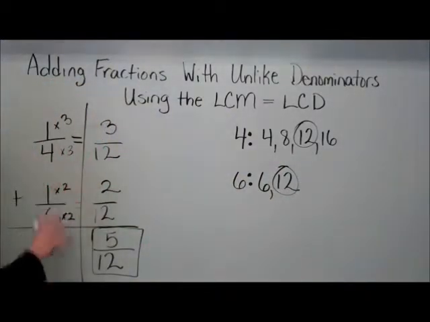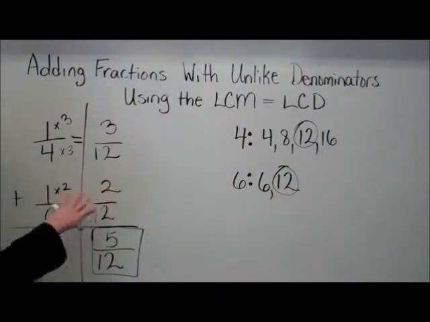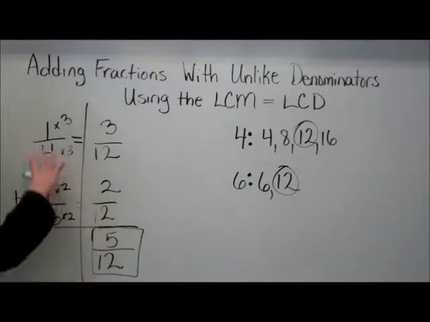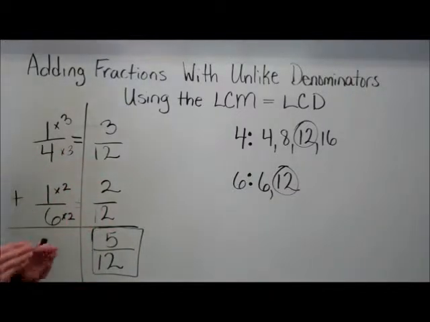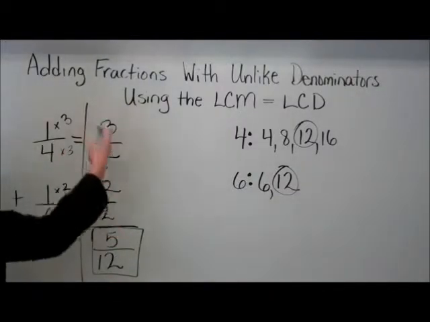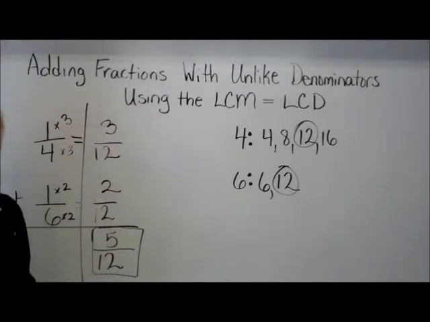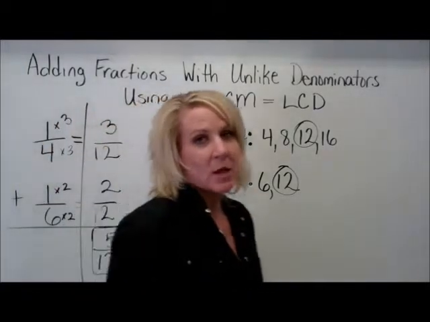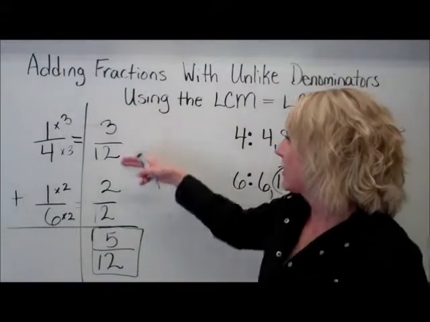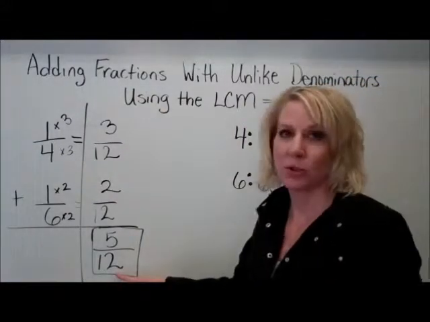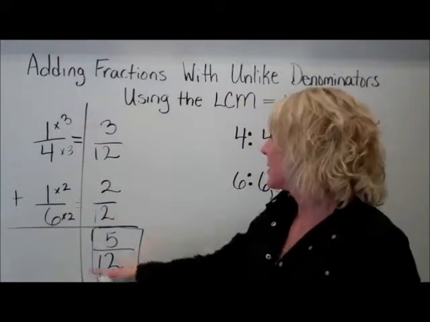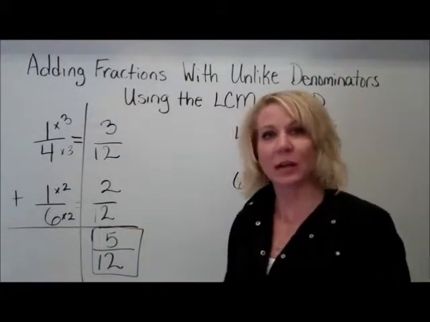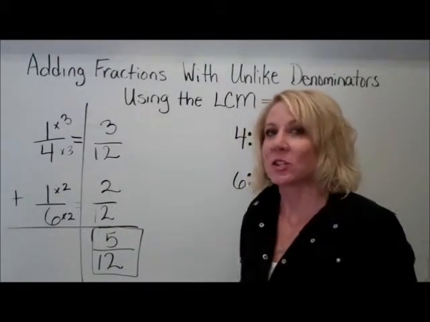And we come back to our problem, and using what we know about equivalent fractions, we rewrite each fraction now with a like denominator, and then we go back to our rules for adding or subtracting fractions with like denominators. We simply add the numerators and keep the original denominator here. And then the final step, again, is to check to see if the fraction can be reduced.